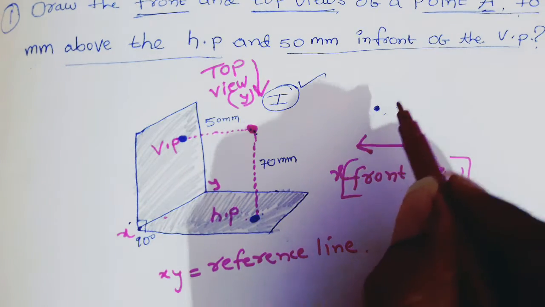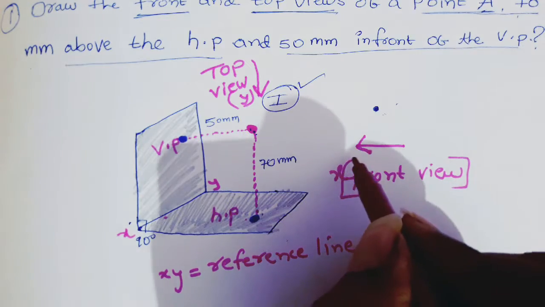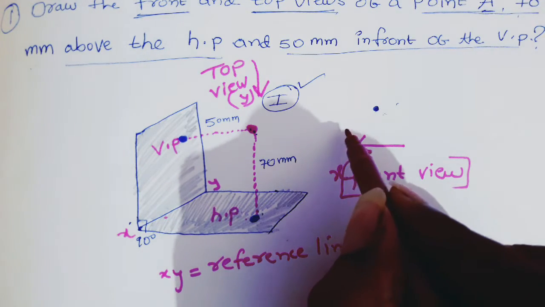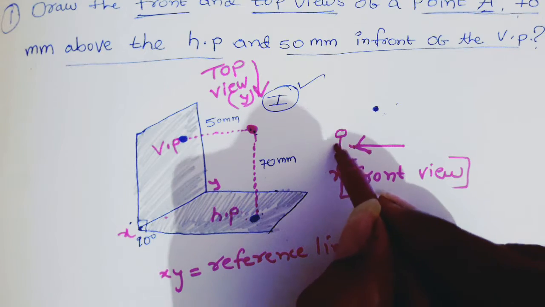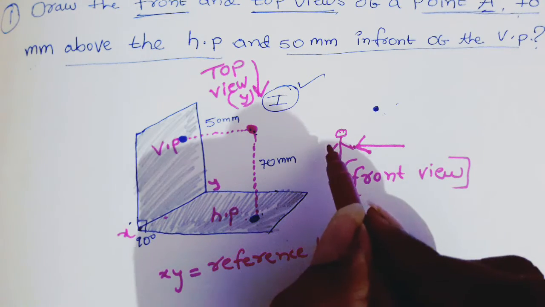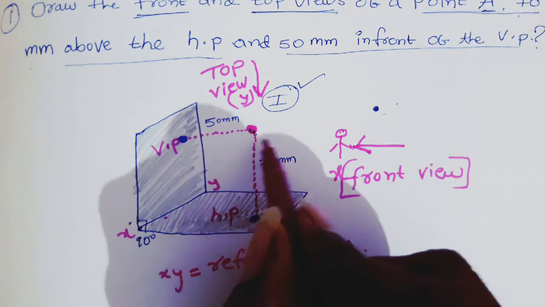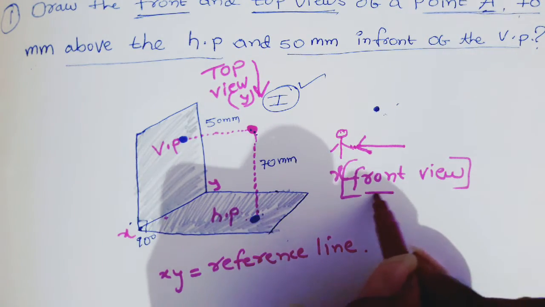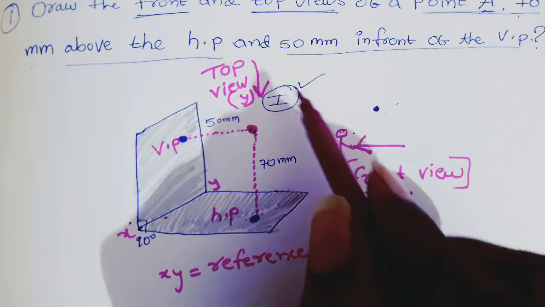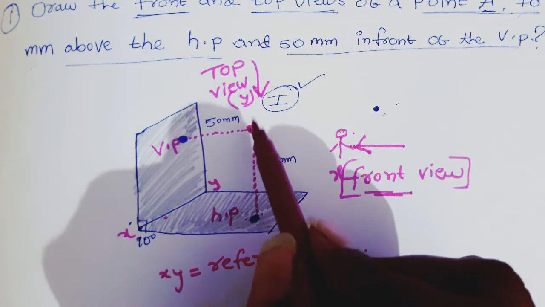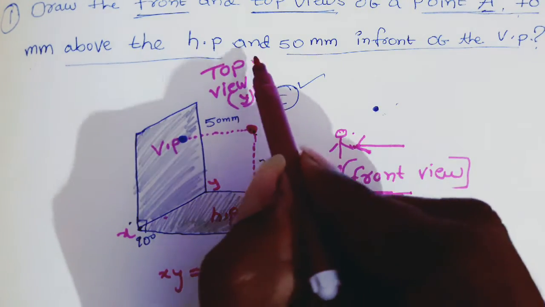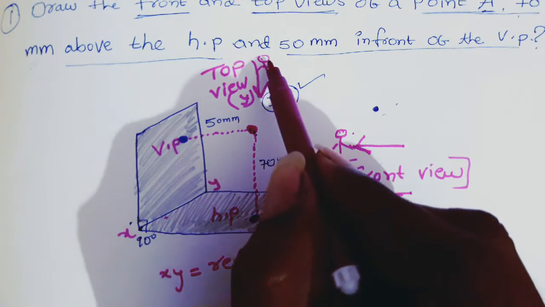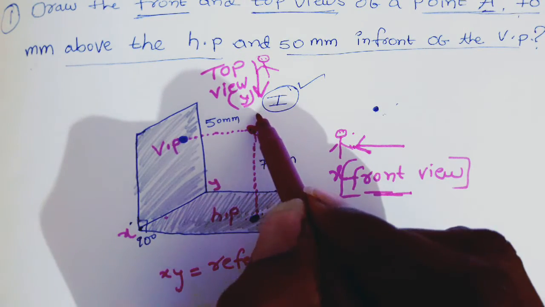For example, you are looking at this point from this position. When you observe this point from the distance of x, this is called the front view. Same thing, when you observe this point from the distance of y, from here, this is called the top view.